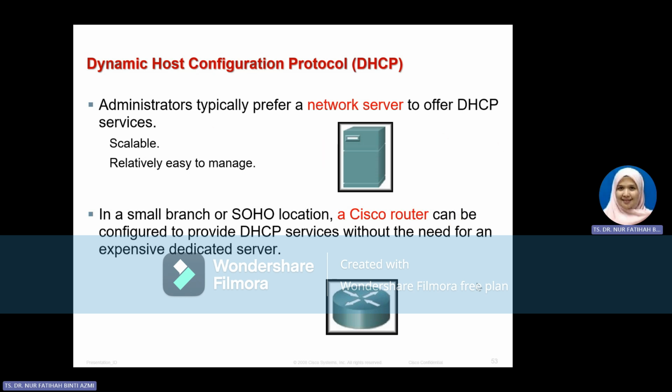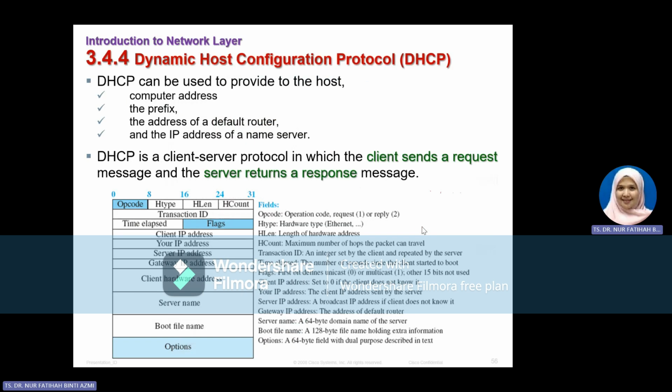There are a couple of good reasons behind this. One is that it is scalable, meaning it's easy to handle a large number of devices requesting IP addresses, which is very common in a bigger network. Secondly, it's relatively easy to manage, meaning the DHCP settings and address assignment come from a central server, so you only have one place to configure everything.